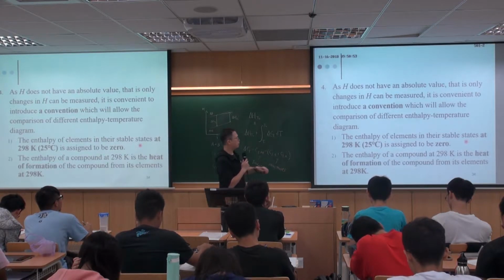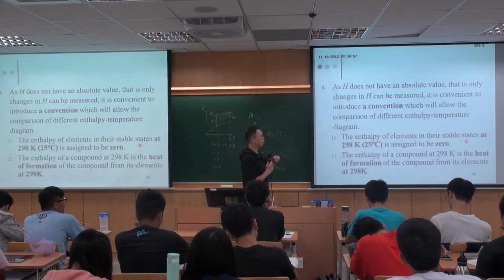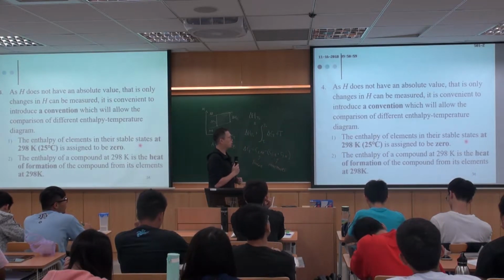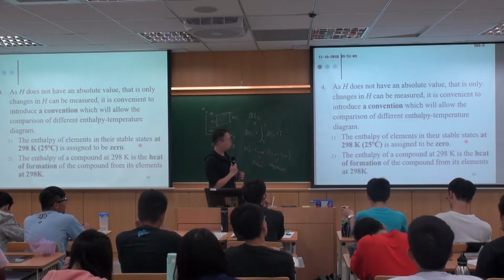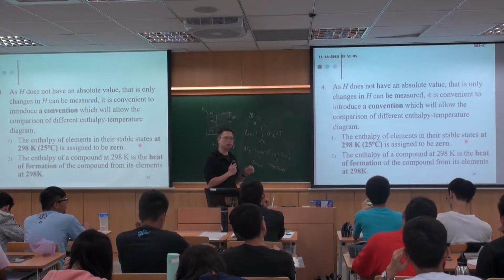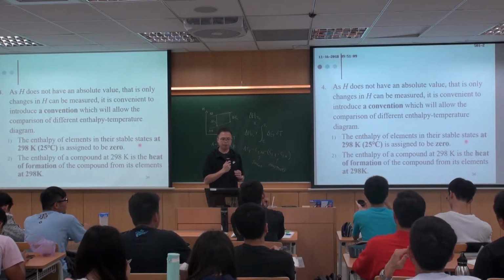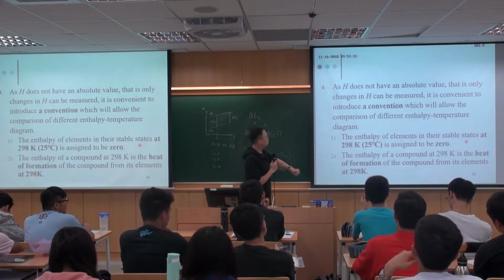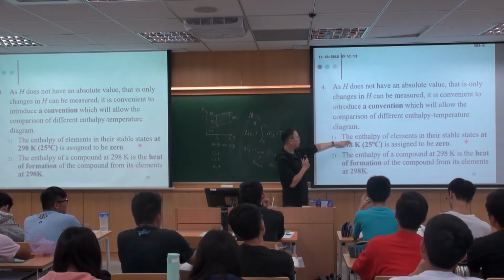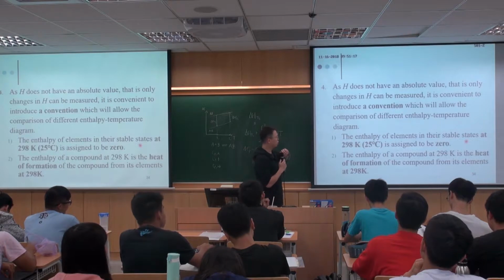In this case, the convention states that the enthalpy of elements in their stable, equilibrium states at 298 Kelvin, at room temperature, is assigned to be 0. So this is the convention from chemists. I believe that in the general chemistry class, you've probably already learned this.